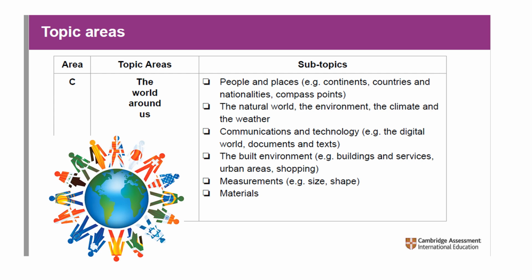The built environment, for example, buildings and services, urban areas, shopping. So this includes hotels, shopping malls, and tourist centers. Okay. Also in this topic, we have measurements as well as materials.